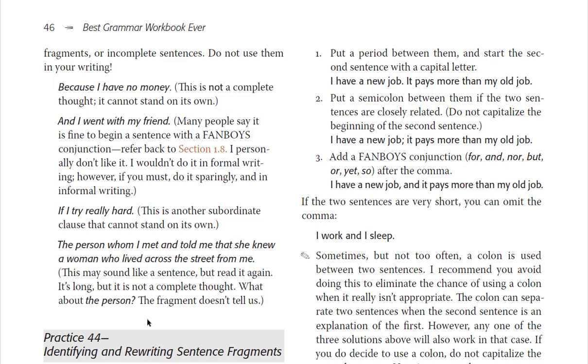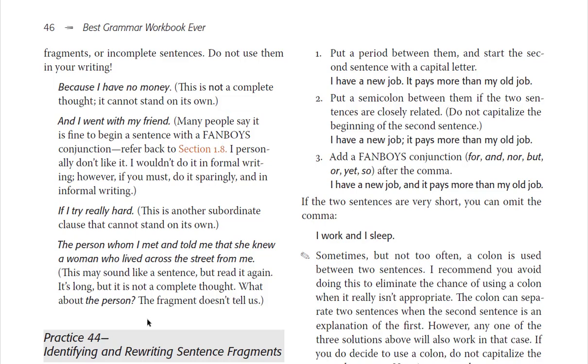I have a new job; it pays more than my old job. Add FANBOYS conjunctions, for, and, nor, but, or, yet, so, after the comma. I have a new job, and it pays more than my old job. If the 2 sentences are very short, you can omit the comma. I work and I sleep.